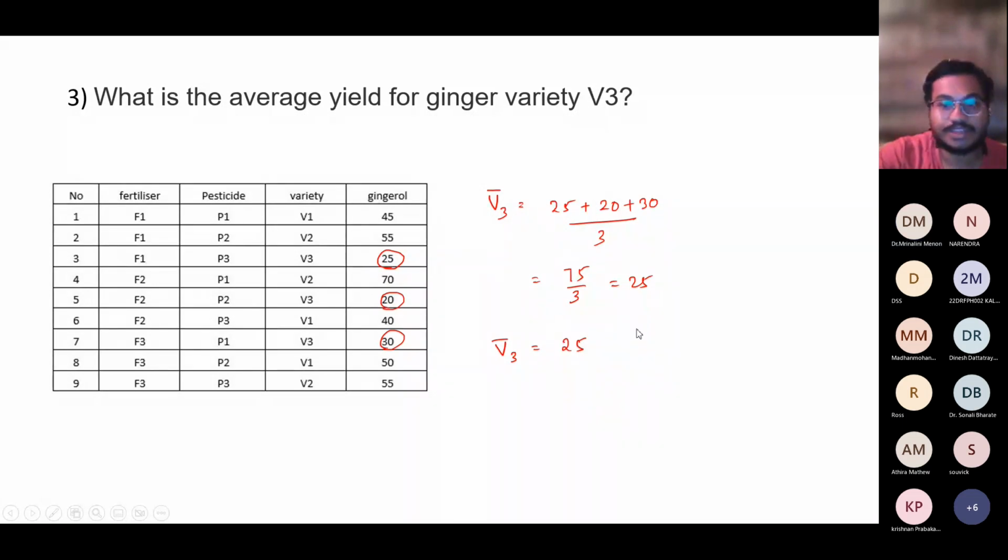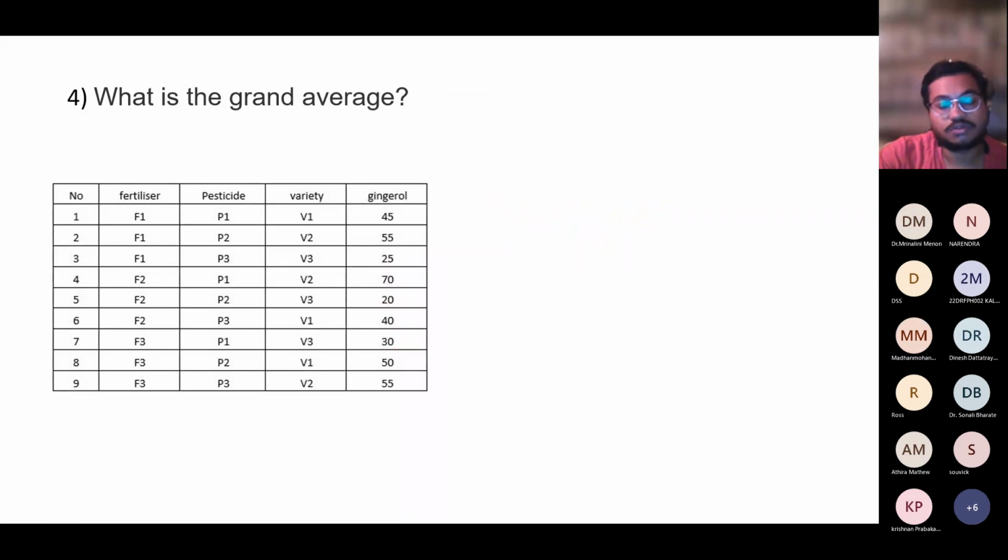Yes, exactly, for factorial. These questions are related to three-way ANOVA. All of these questions are based on that. I think it's in the last video of week 4. There's a similar example that Sarah has discussed in that video.